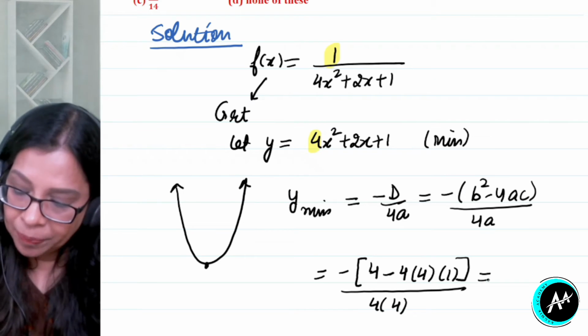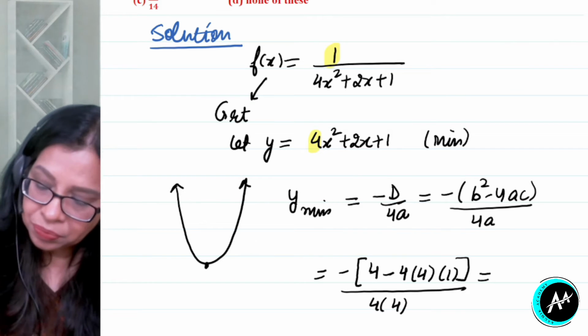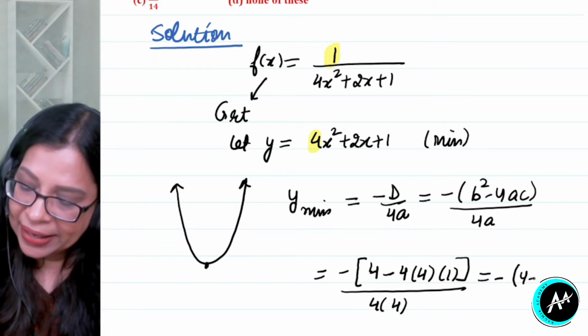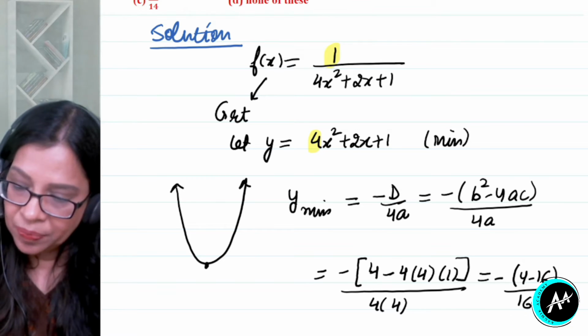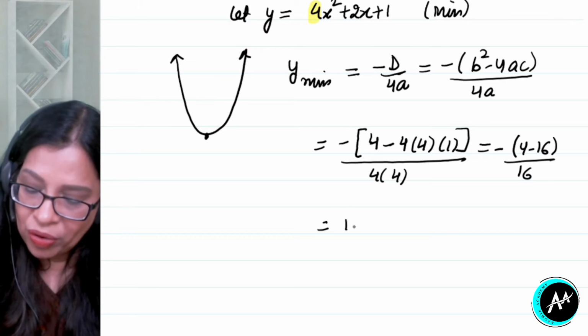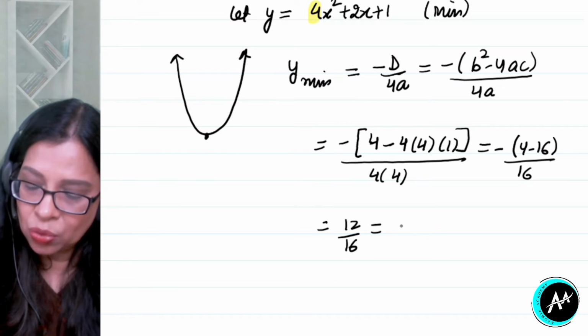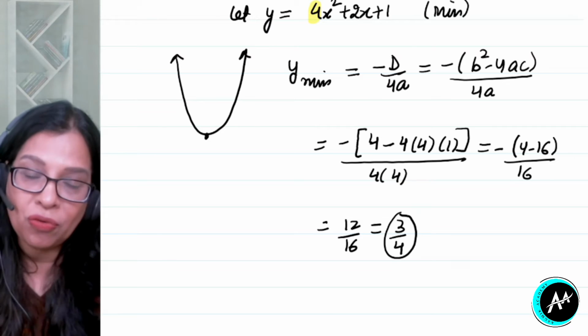So what are we getting? Minus of, I have minus of here 4 minus 16 and divided by 16. So what is it? Let's see. On solving, we are getting it to be equal to 12 by 16, which is equal to 3 by 4. Alright. So this is the minimum value of y.